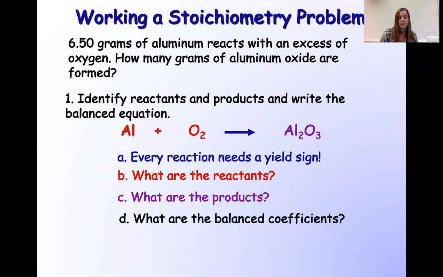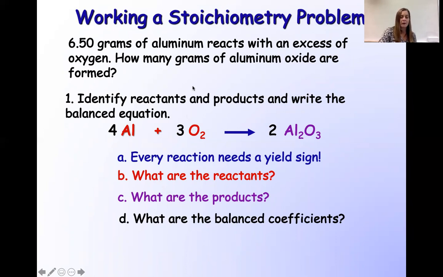And then we need to balance that chemical equation. So we see this 3 on oxygen and 2 on oxygen. So we're going to put a 3 in front of the oxygen, a 2 in front of the aluminum oxide, and that's going to require us to put a 4 in front of the aluminum. So now we've balanced our equation. We've completed step 1.